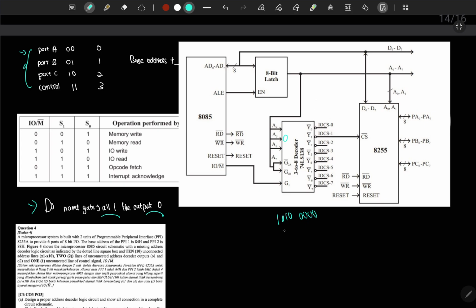Now this is equivalent to A0H, so for A1H, A2H, A3H, your address is starting from A0. You use this table, you use here, you decode it to Y1. If it was 1001, 9A, you could have connected it to Y0.